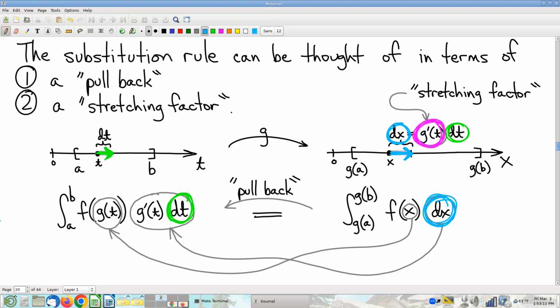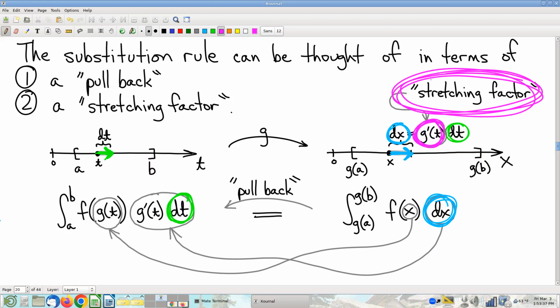So we had a little piece of the t-axis, some size, whatever. Its image over here on the x-axis is, at least as I've got it drawn here, bigger. And it's bigger by a factor that I can quantify. And so when you take something and make it bigger by multiplying it by a factor, I think it's pretty reasonable to call that a stretching factor.